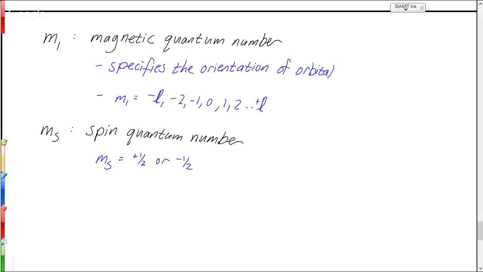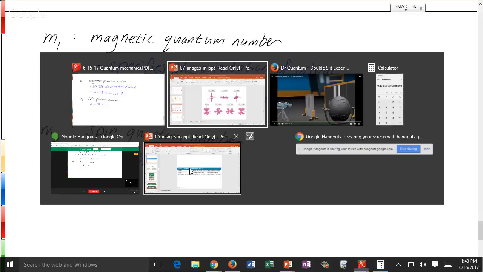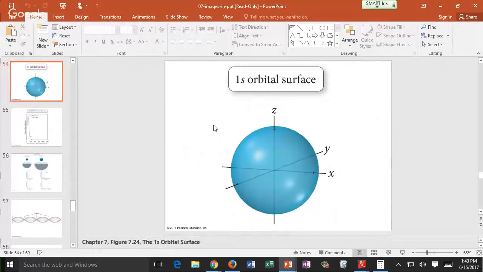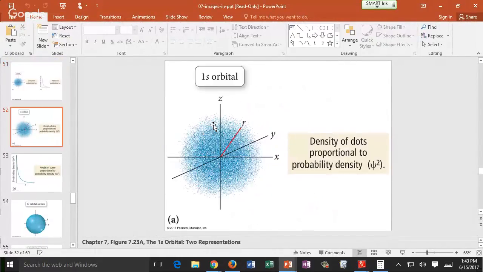All right, so how do we use these things, or what do we do with them? Let's go back to those pictures and talk about what this looks like. So here's what we call a 1s orbital.